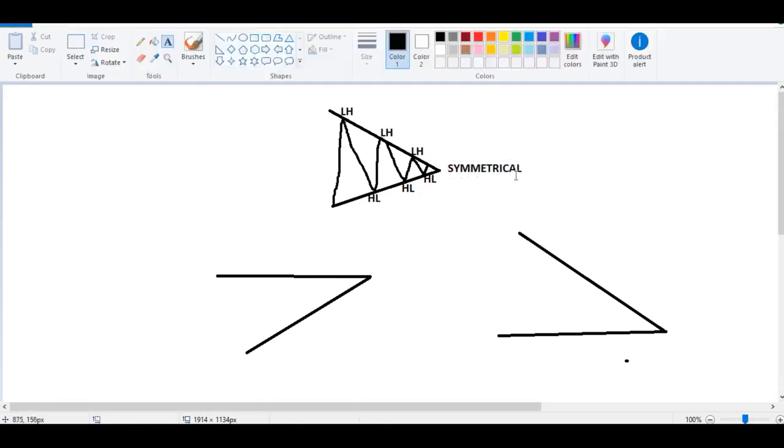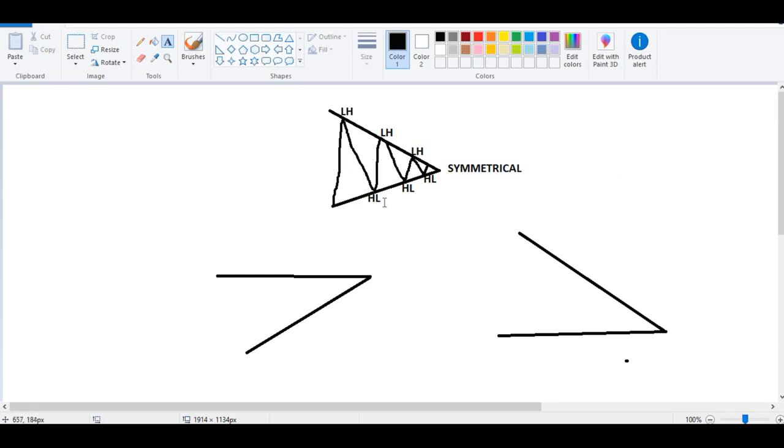Okay, so in a symmetrical triangle, price starts to make lower highs and higher lows in a very uniform manner. Okay, so that is known as a symmetrical triangle.